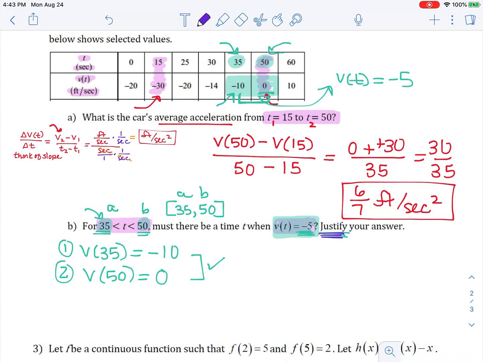We need to use that theorem, our IVT justification.